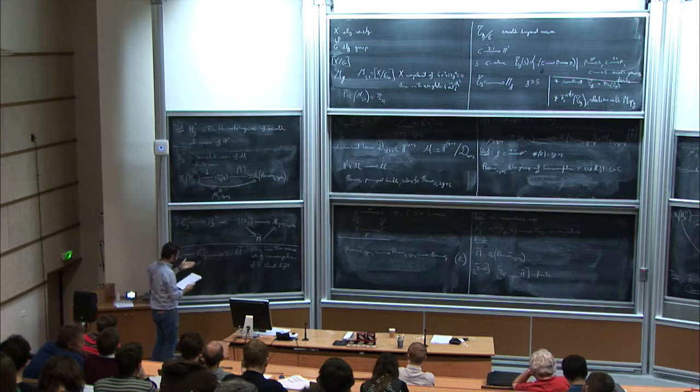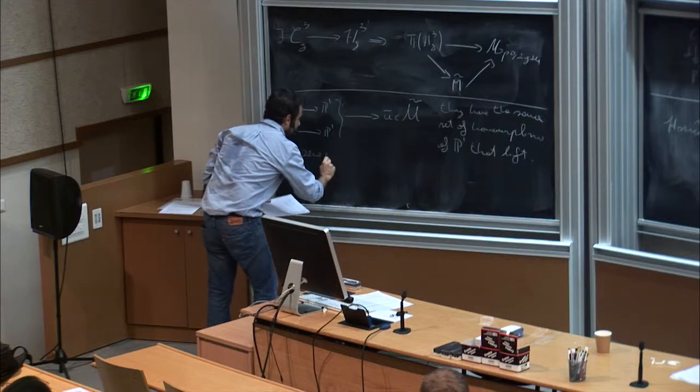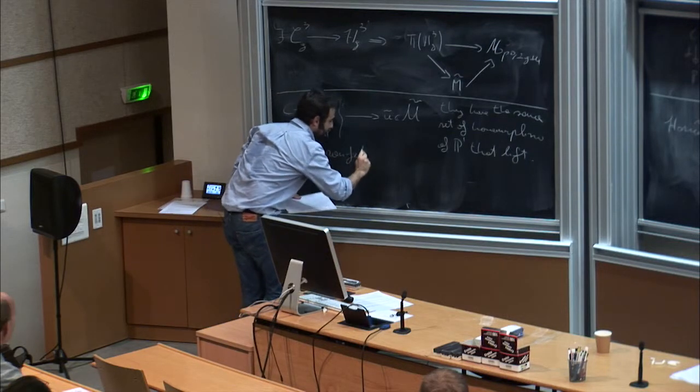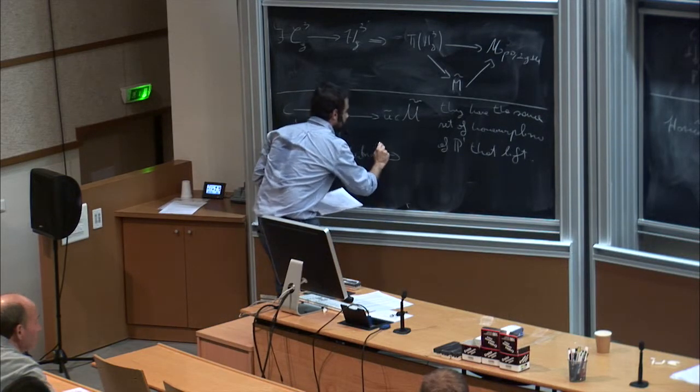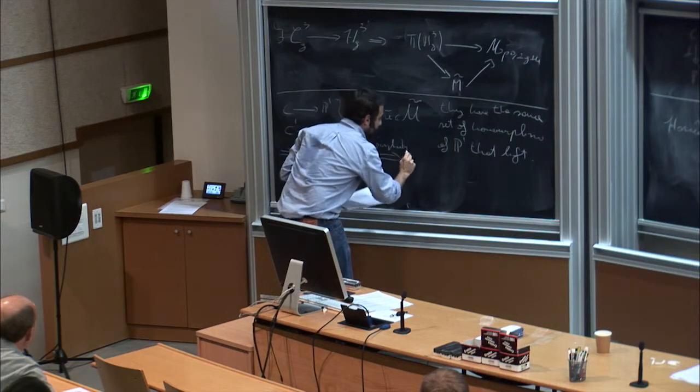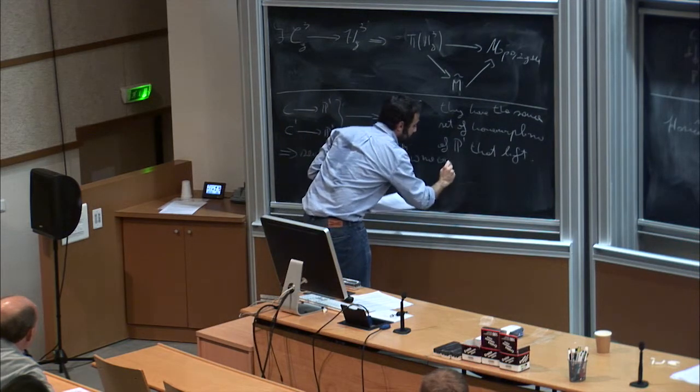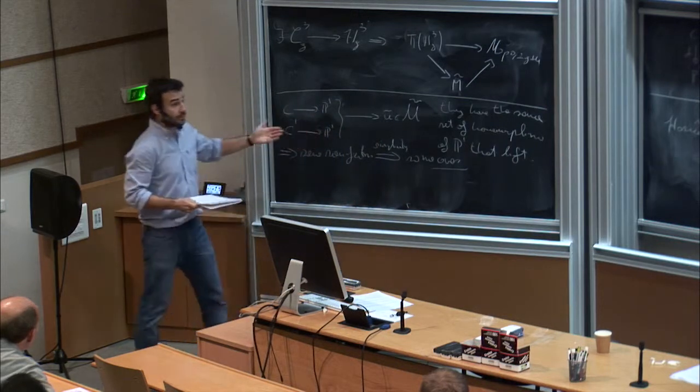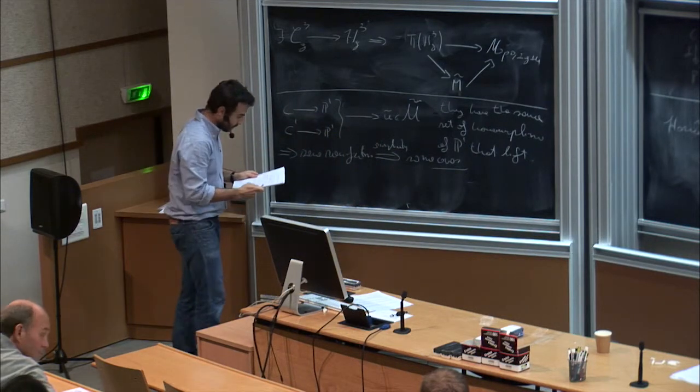But if they have the same set, then they have the same ramification. And then by simplicity, they are the same cover. So the map is one-to-one, and it is an isomorphism.